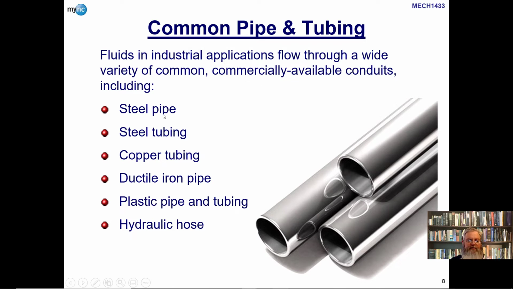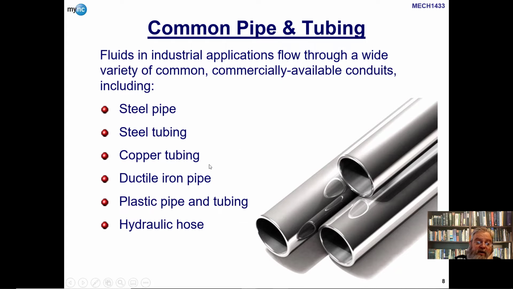So we have a variety of them to use for fluid transfer. There's standard steel pipe, but there's also steel tubing, and they're similar in that they're both long holes surrounded by steel, but they're specified, talked about and used a little bit differently. Steel pipe generally is bigger and more robust than steel tube, and they're used for slightly different purposes.